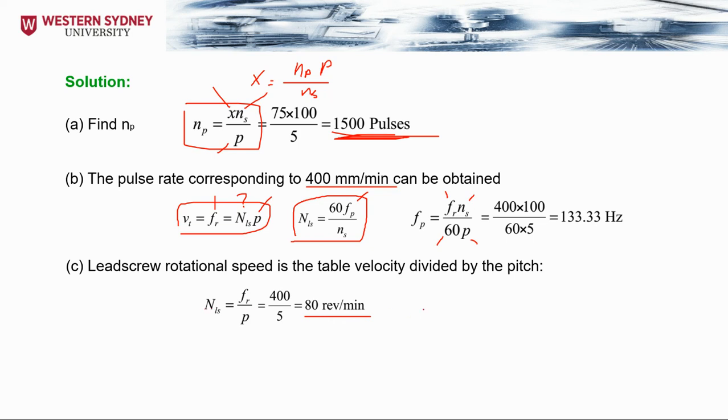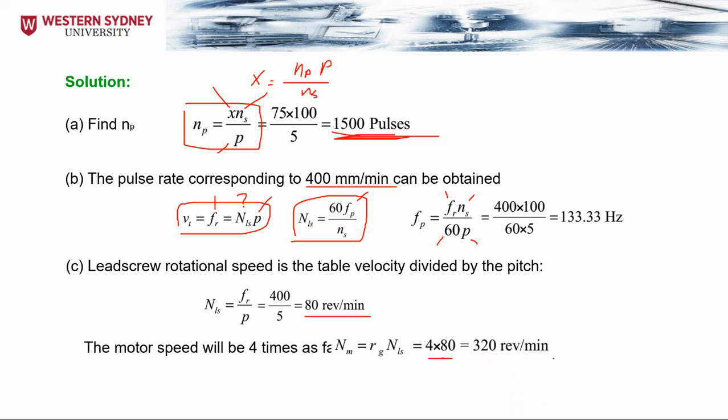That's for the lead screw. Now the motor speed is going to be 4 times the RPM value for the lead screw, so 4 multiplied by 80 is equal to 320 revolutions per minute. This will be the final answer we need for this example.